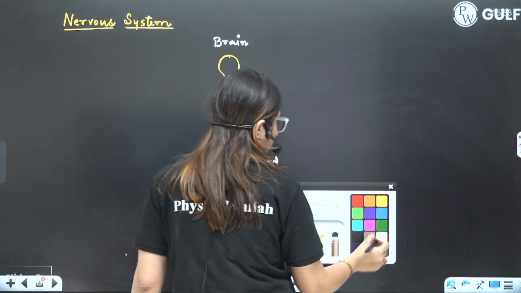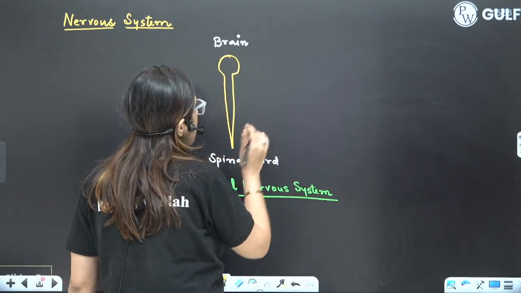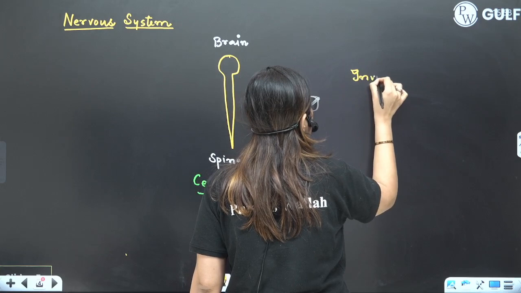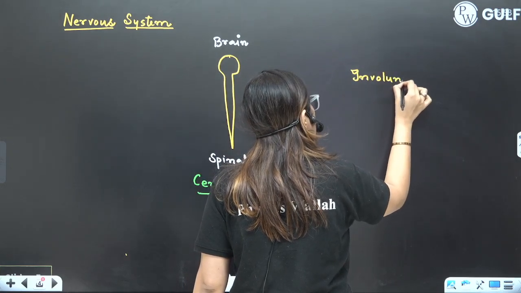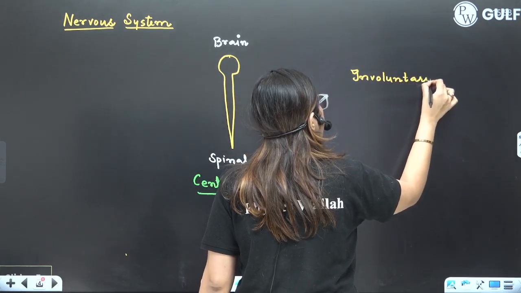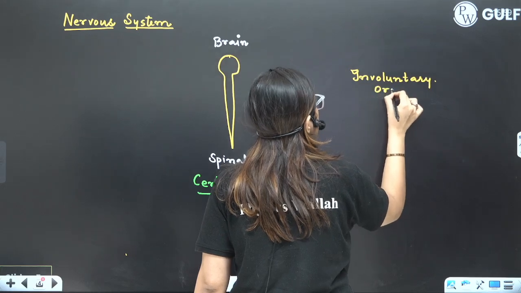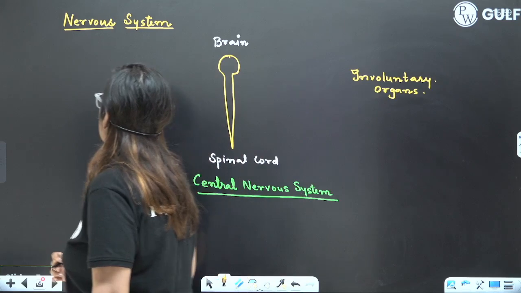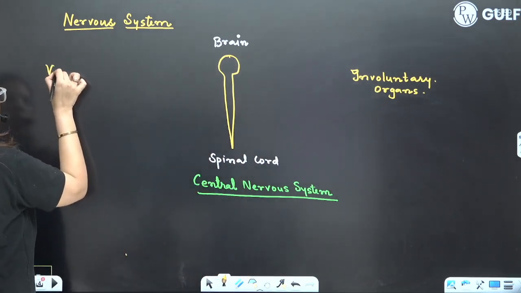Now the brain and the spinal cord send signals to involuntary organs. Not only that, they send signals to the voluntary organs also.